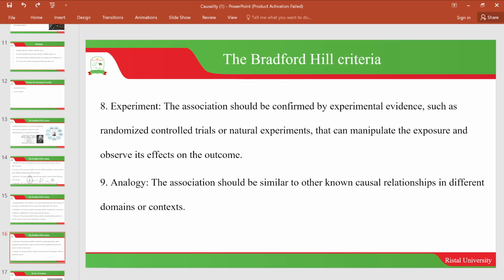Analogy. The association should be similar to other known causal relationships in different domains and contexts.